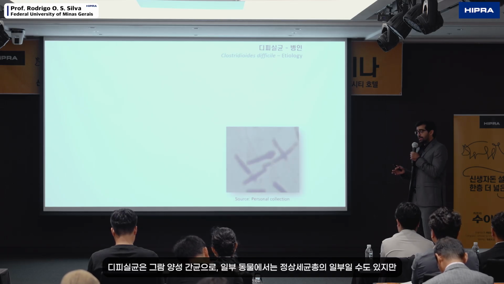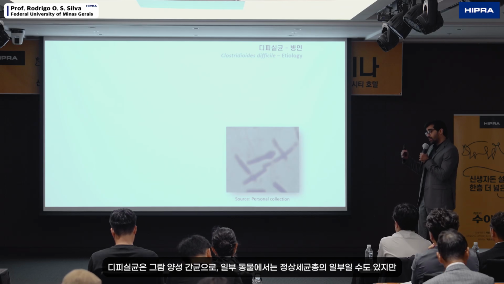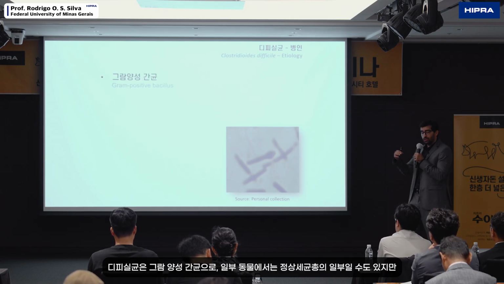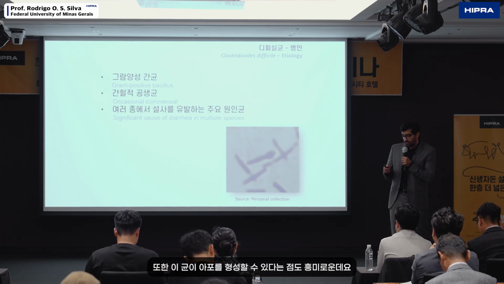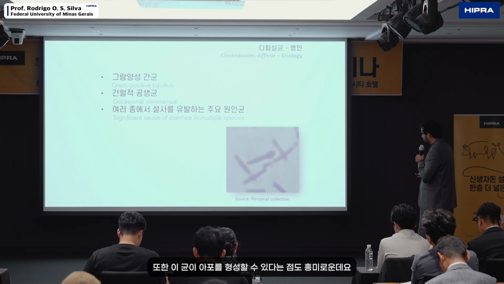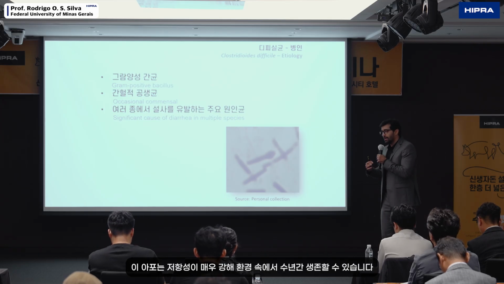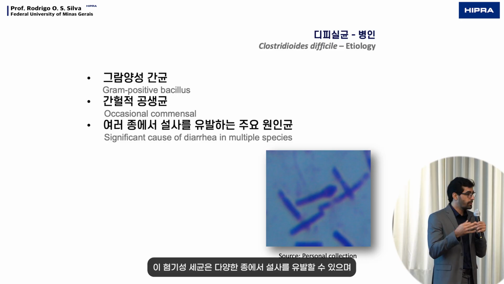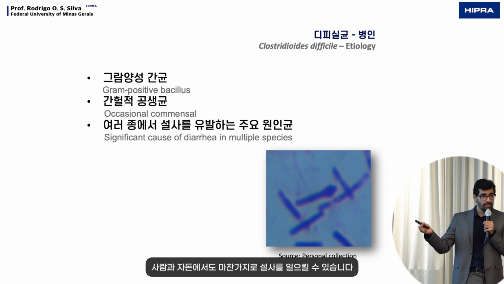Clostridium difficile is a gram-positive bacillus that can be present as a commensal in some animals, but in most animals it's not part of the normal microbiota. It's also very interesting that it can produce spores, a very resistant form that can be in the environment for years and years. This anaerobic bacteria can also cause diarrhea in several different species, including humans and of course piglets.